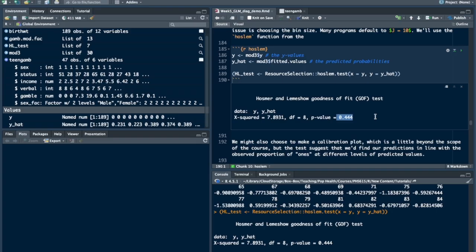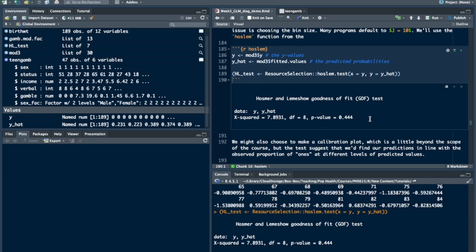Our actual observed chi-square is 7.89, which is consistent with the null hypothesis, meaning that the model fits. The null hypothesis is that there's very little difference between model prediction and observed count of low birth weight babies in these groups that we made. So that's one piece you can use.